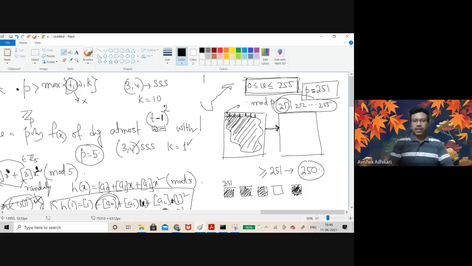Now you replace all of them by something almost similar looking. This is almost the same as 251 or 255. So convert it into another image whose intensity is at most 250. If the pixel value is less than or equal to 250, it's fine, you keep it as it is. If it is more than 250, suppose this value is 252, then convert this pixel into 250, and so on. So your modified image will have each of the pixels with intensity at most 250.